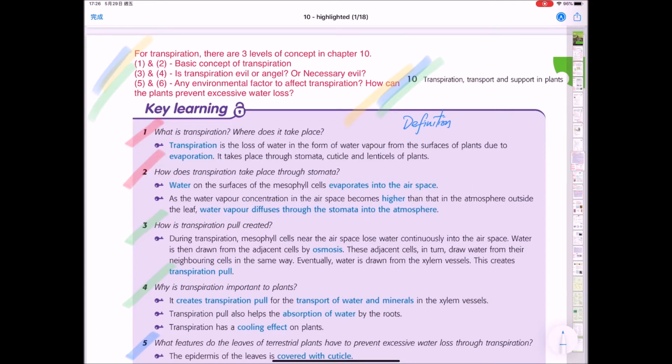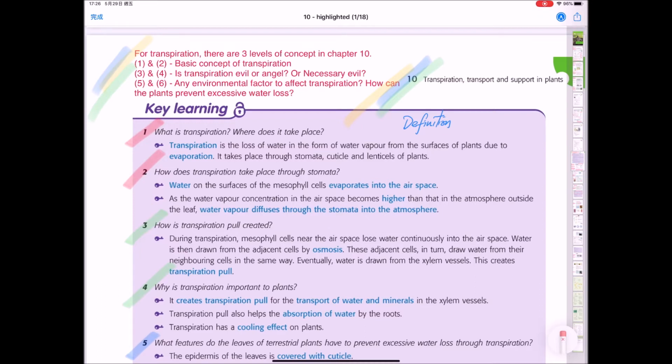In part 3 we are going to talk about the transpiration pull, and number 4 is about the importance of transpiration. Transpiration means water loss, but it can help the plant to absorb water by creating a force called transpiration pull. So we need to think about whether it's really a good thing or a bad thing. That's level 2 of transpiration.